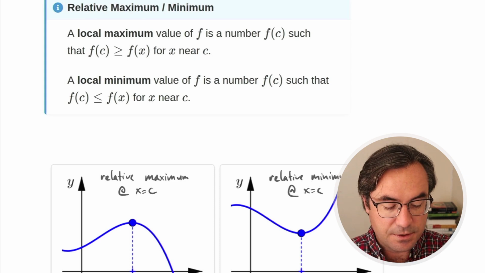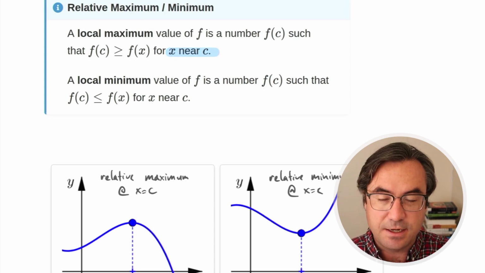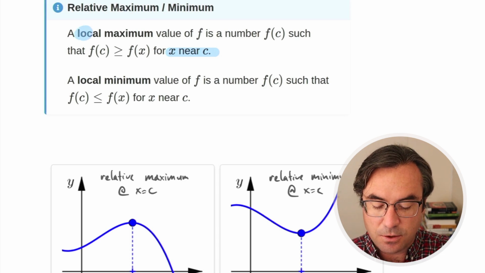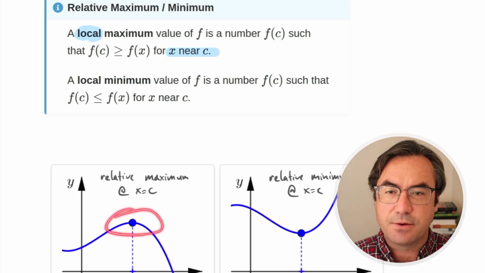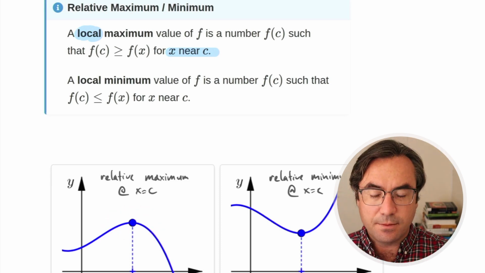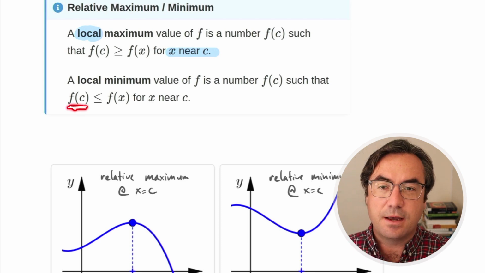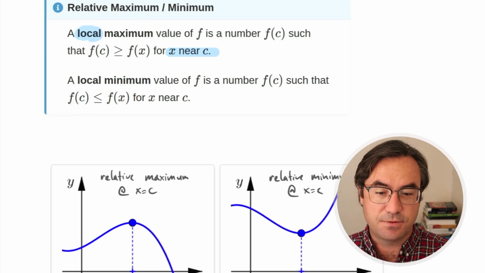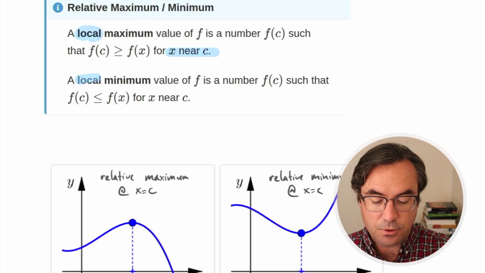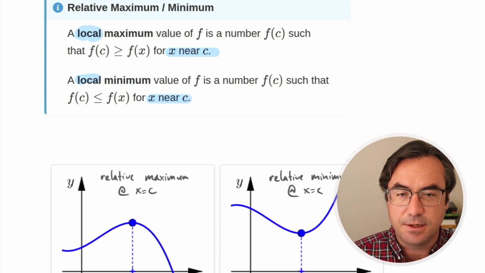The key words here are x near c. That's what makes this local. We're not looking at all x values, just the surrounding area. And for a local minimum, the function value at our point is smaller than all the surrounding values. So again, local, we're just looking near c.